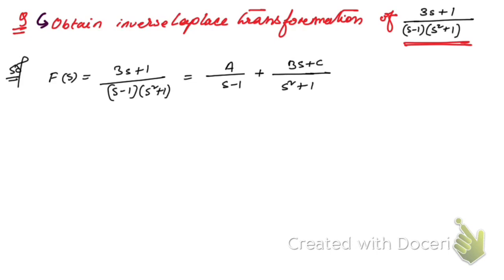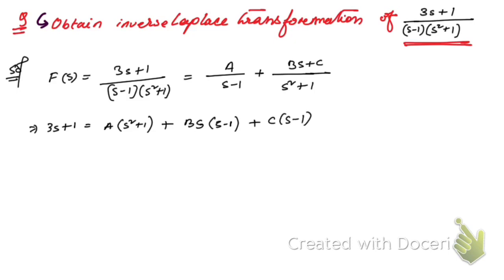Now you see, let us find the values of a, b and c. Okay, so how to find that? Here you see, if you multiply both sides by the denominator, then what you're going to have? Then you're going to have 3s plus 1 equals a into s square plus 1, then plus bs plus c into s minus 1.